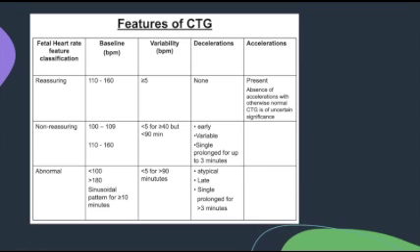Also a sinusoidal pattern for more than 10 minutes. Also variability of heartbeat rhythm less than 5 or more than 90 minutes is abnormal. And atypical late, single, or prolonged deceleration for more than 3 minutes. All these features of cardiotocography show us that the fetus has hypoxia.